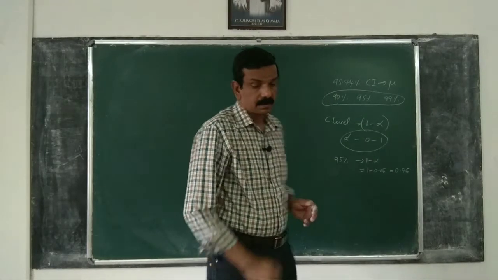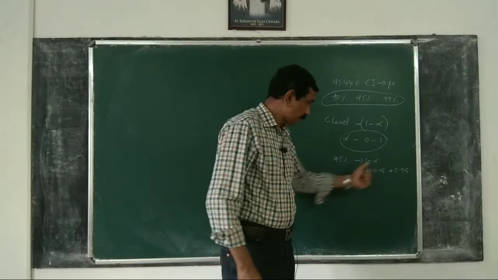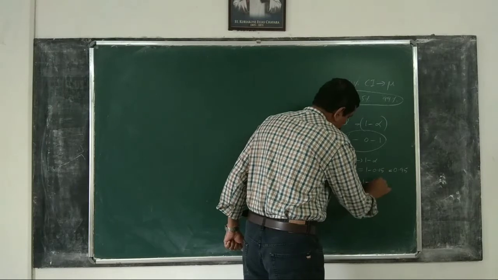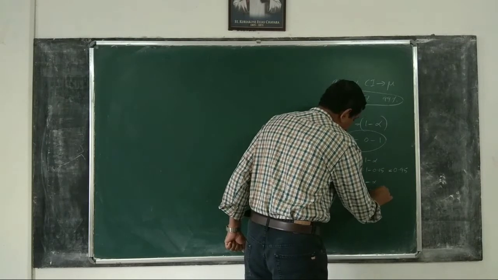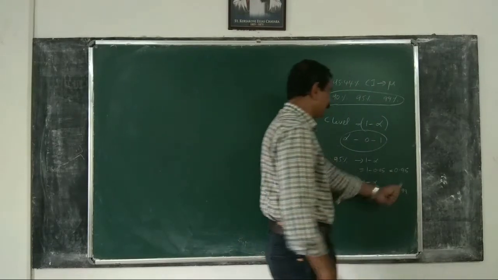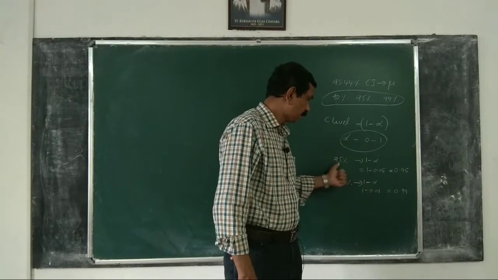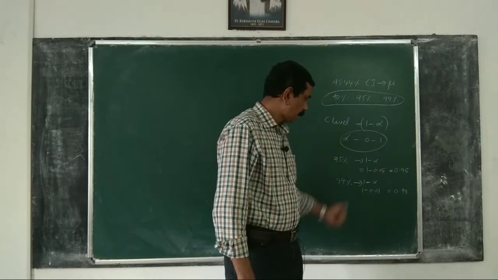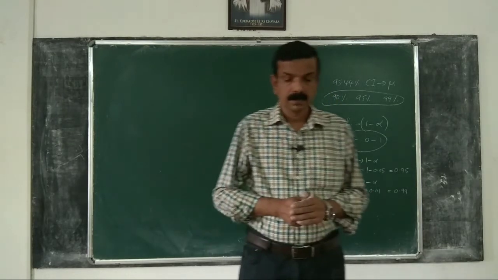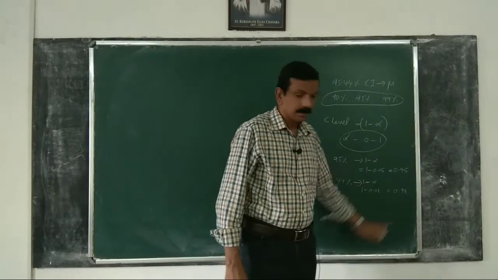If confidence level is 99%, 1 minus alpha is 1 minus 0.01 is equal to 0.99 or 99%. So alpha 0.05 means confidence level is 95%. Alpha 0.01 means confidence level is 99%, like that.